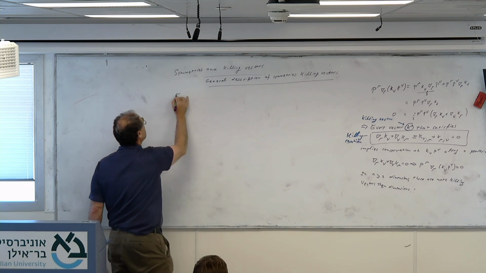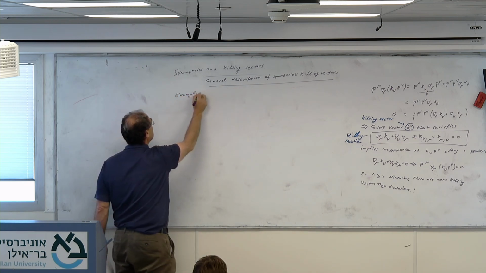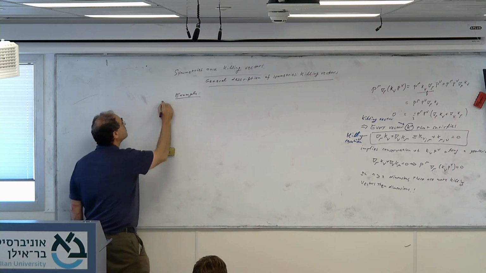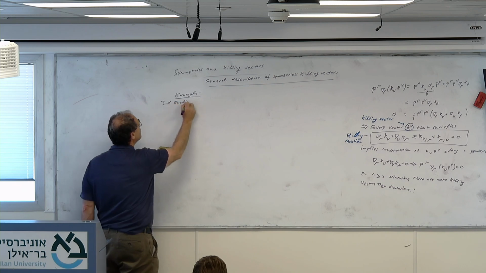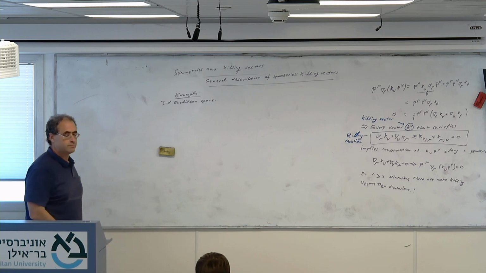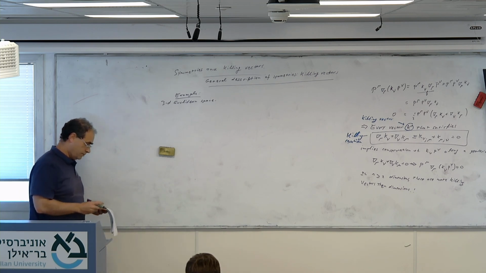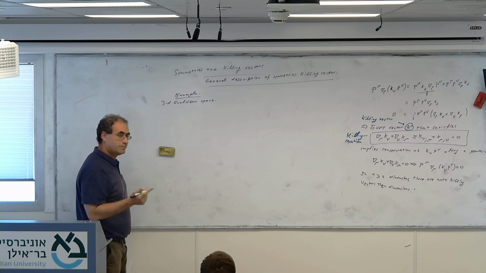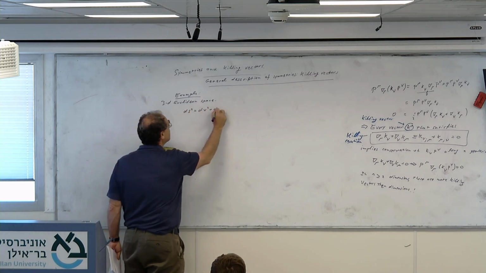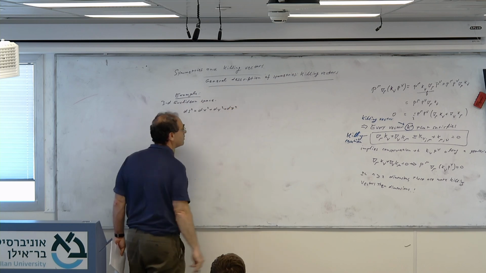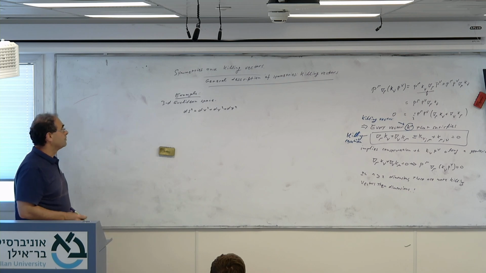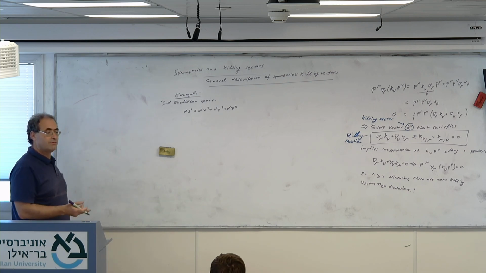So, example: 3D Euclidean space. Okay. What is the metric? Unit. All of the metric components are independent of x, y, or z, right?